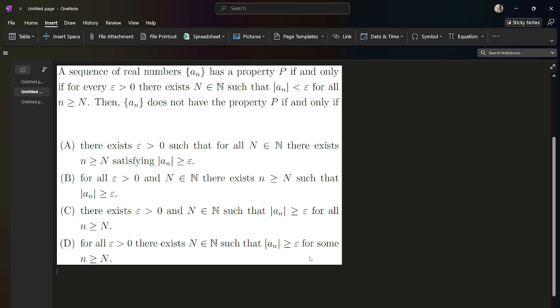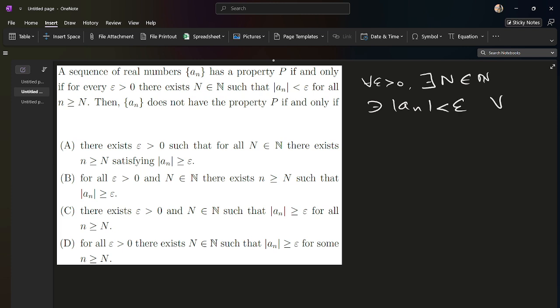So now the given property P of a sequence a_n states that for all epsilon greater than 0, there exists N belonging to the natural numbers such that mod of a_n is less than epsilon for all n greater than or equal to N. We can easily see that mod of a_n is less than epsilon can also be written as a_n minus 0 lies within epsilon, so this is the definition of a sequence converging to 0.